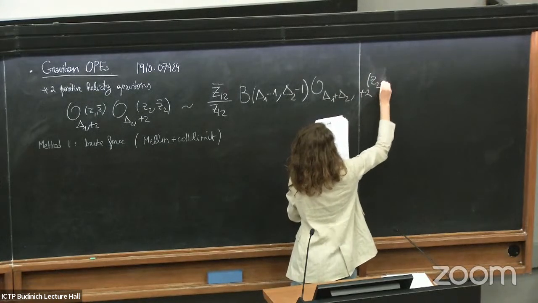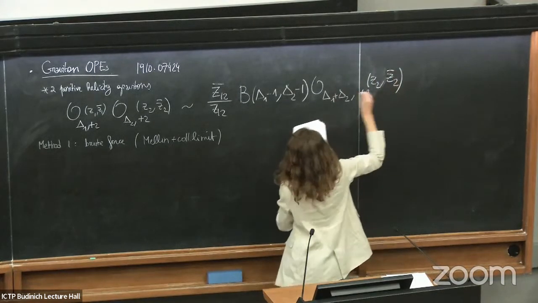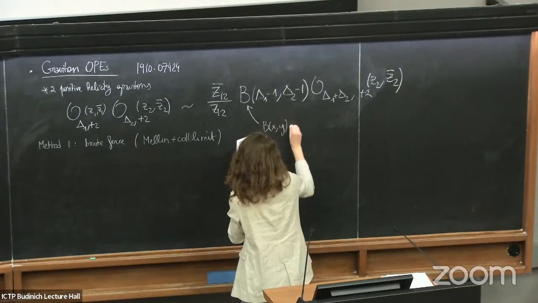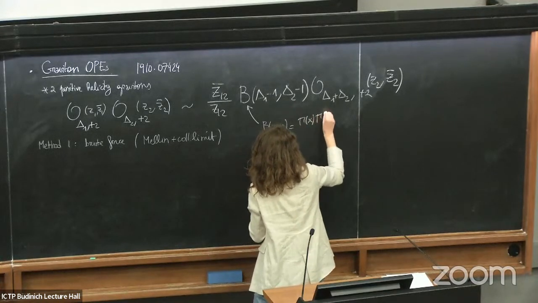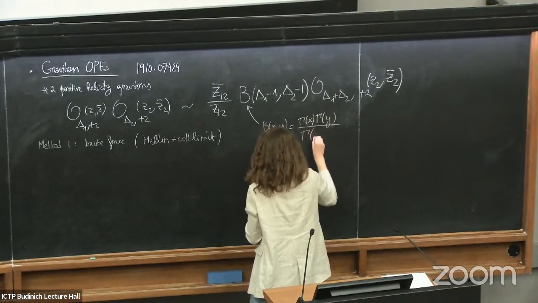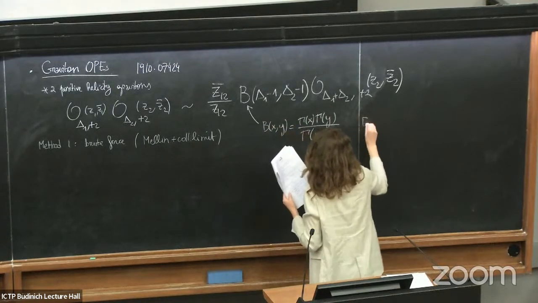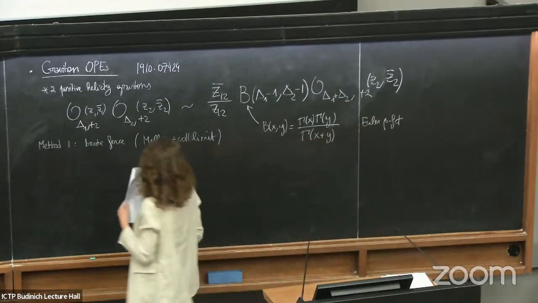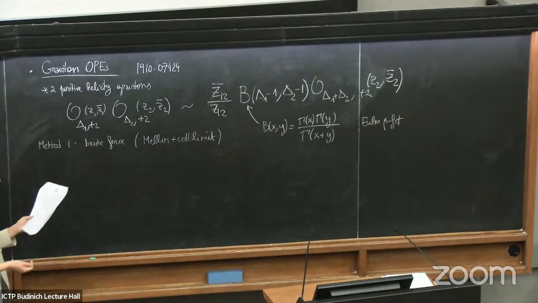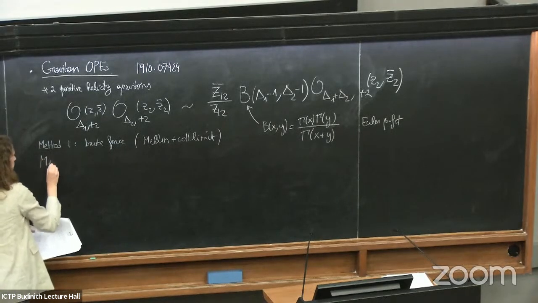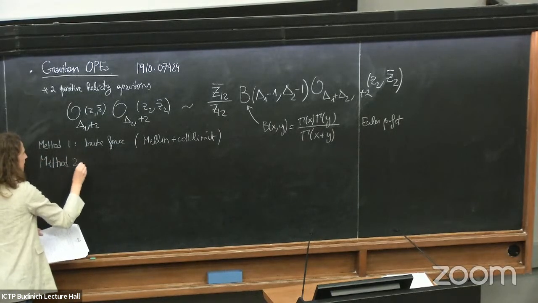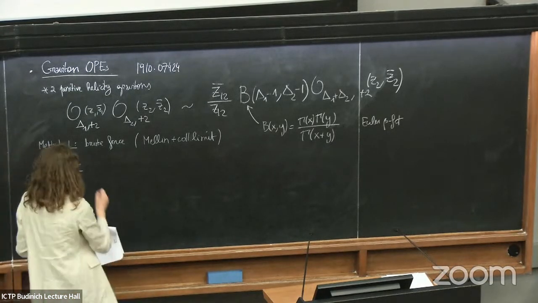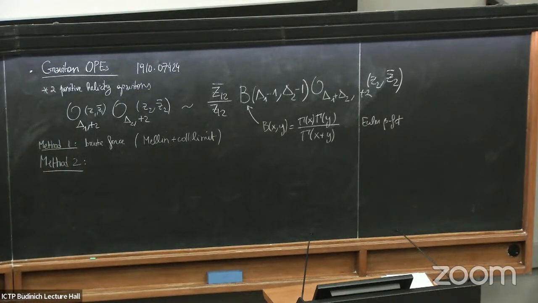So this is the OPE you get, where beta is the Euler beta function, times a product of gamma functions. So this is a computation you can do. And the second method, which is a bit more cute, is to just use symmetries.